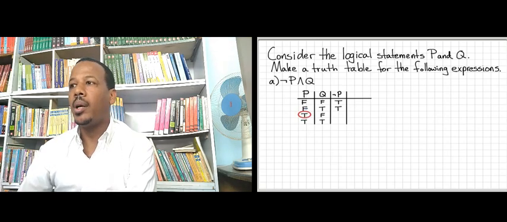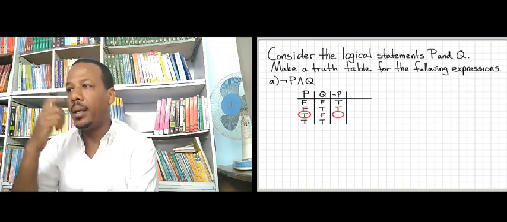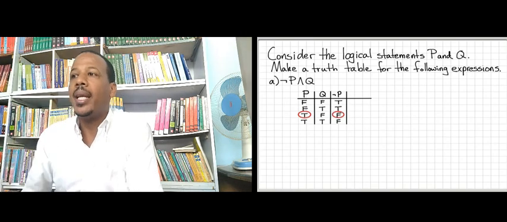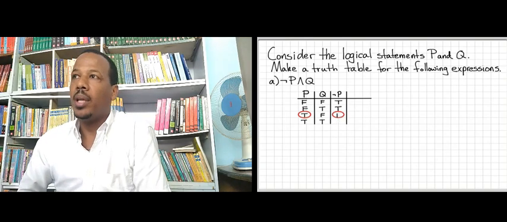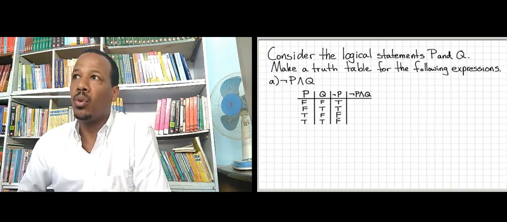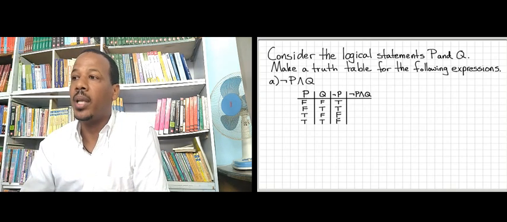Then we come to the compound statement, negation of P and Q. That means the first column and the second column, it is meant. As we discussed before, in the case of conjunction, that means and, it will be true for only one case, that is when both statements are true.